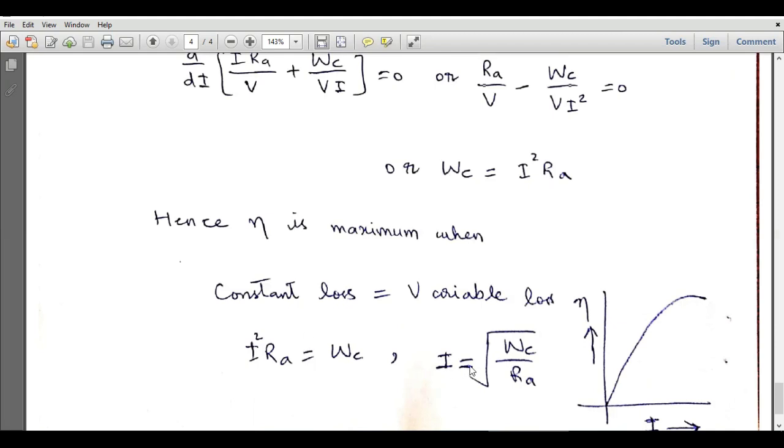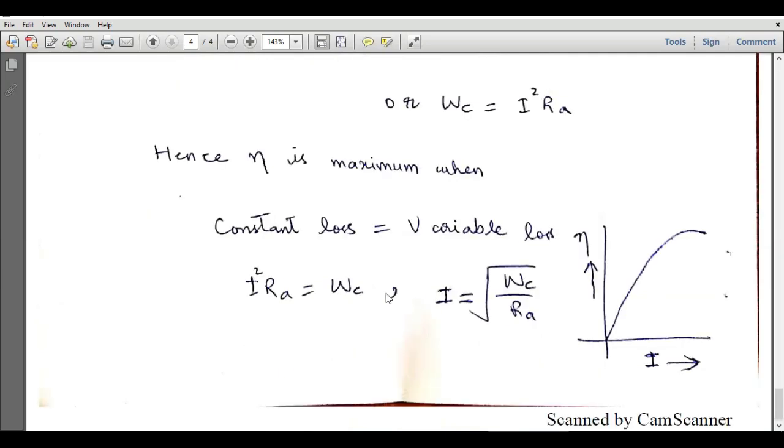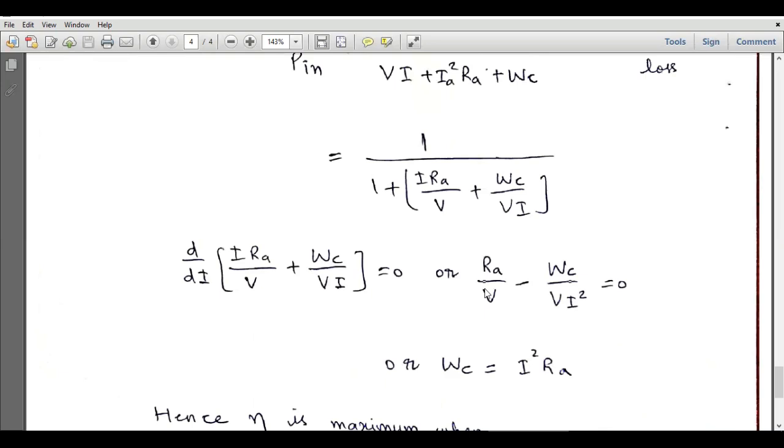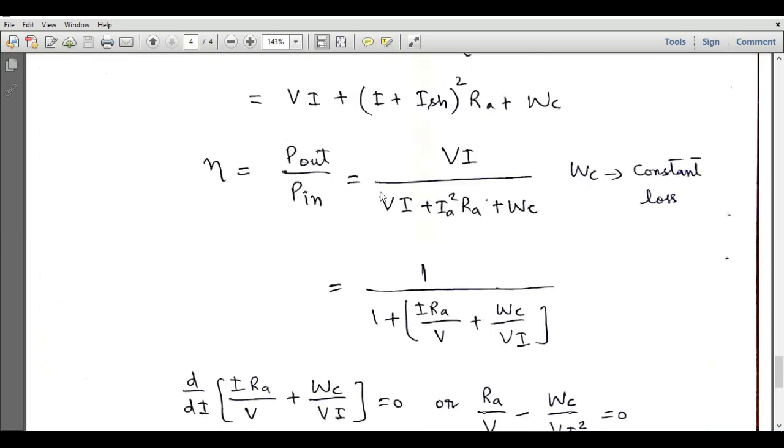So IA can be written as square root of WC divided by RA, right? So I will be equal to square root of WC divided by RA. So if our load current or if our armature current is equal to this term, square root of constant losses divided by RA, then our DC generator will be running at maximum efficiency. So this is the plot of efficiency with respect to the current, and this is the plot of actually this expression. So if you want, you can plot this efficiency using MATLAB.